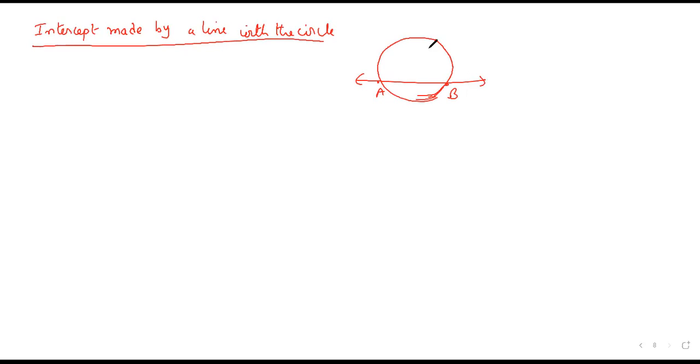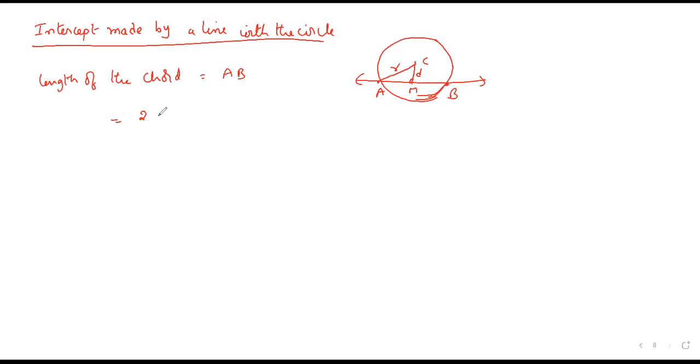Now to find this length, you have to find the perpendicular distance from the center to the given line, and it is d. And the radius is r, and this is the midpoint M. So the length of the chord, or length of the intercept made by the circle, is AB.